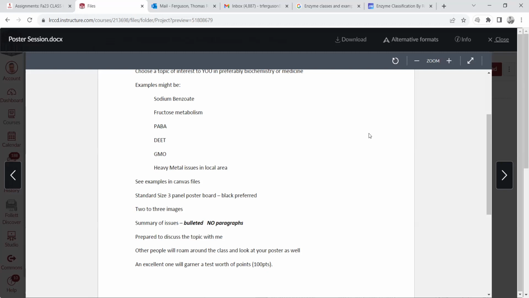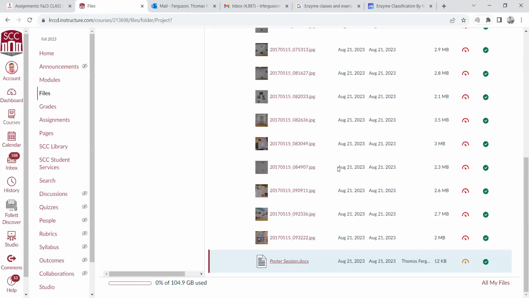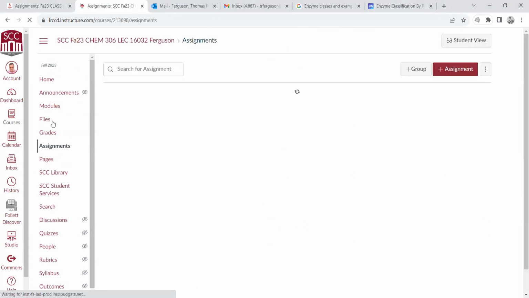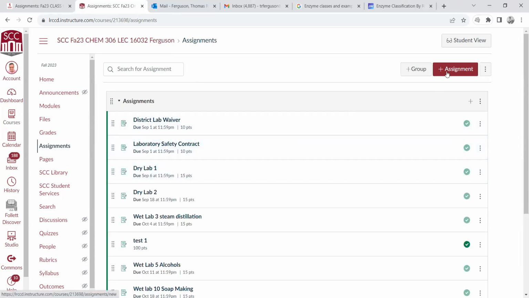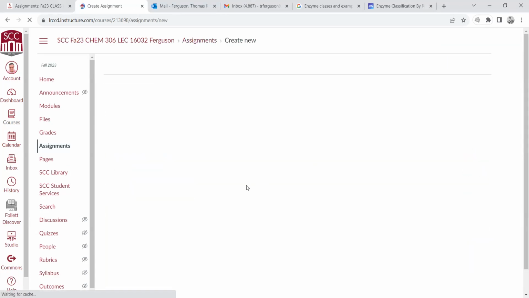You can also take 4 images of your poster, 1 for each panel plus the overall picture, and then send and post that under assignments, which I'm going to put there right now. This is what it looks like to create an assignment.